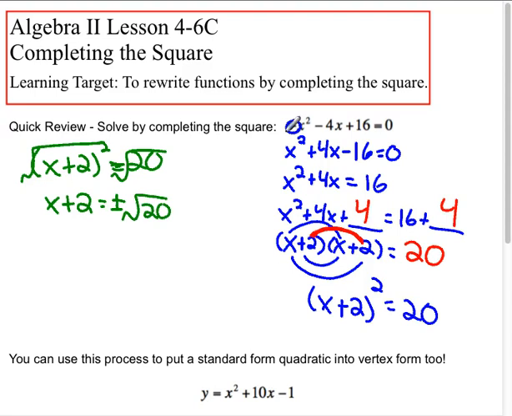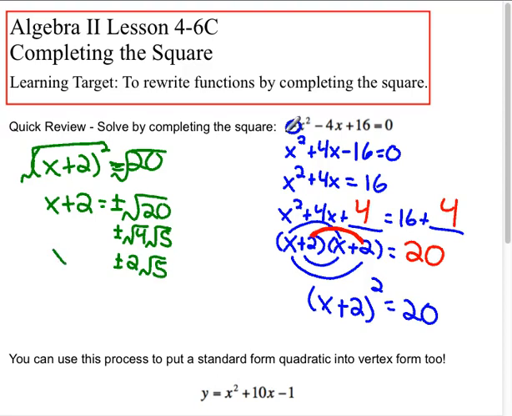Remember, that's not a nice value, but that's okay because I taught you a way to think about this. You can break that down. 20 breaks down into 4 times 5, and the reason that is critical is because square root of 4 is simply the number 2.